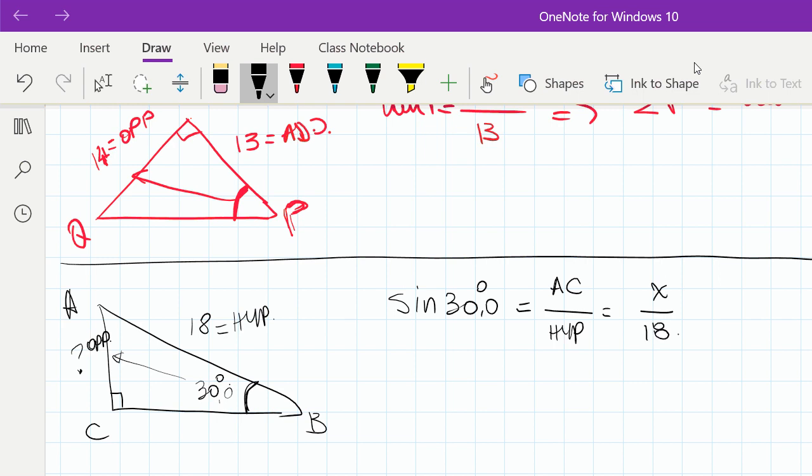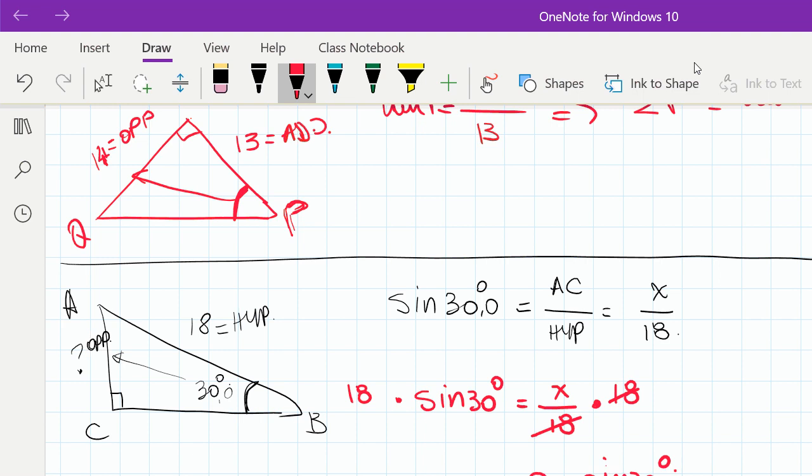So now this is simple math. We have this as the equation: sine 30 is equal to x over 18. In order to solve for x, we will multiply both sides by 18 because we want to cancel out the denominator, and then x will be 18 times sine 30 degrees.